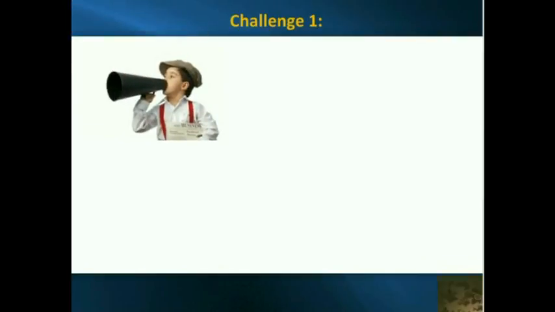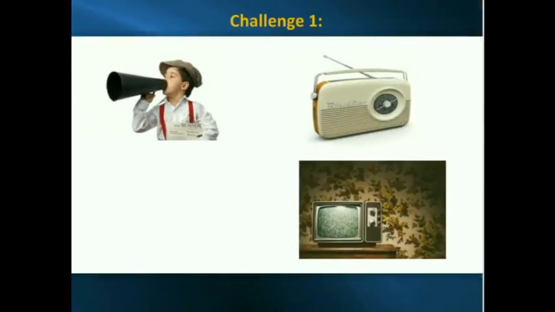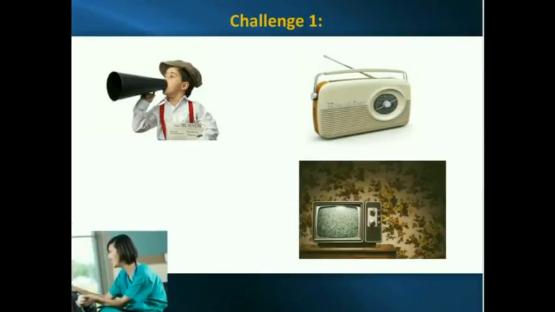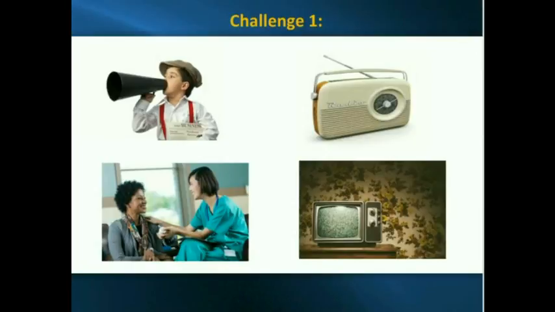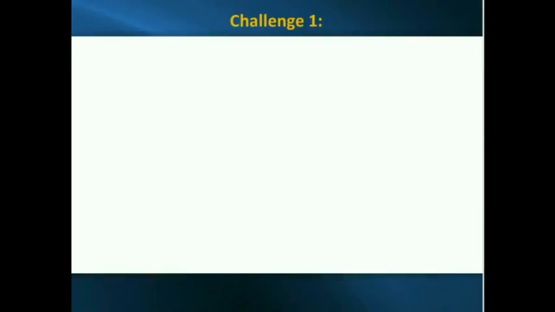In addition to generating data, people receive this information from a variety of platforms. At one time, we could have communicated risk through mass media such as newspapers or television or radio, or through interpersonal sources such as doctors or healthcare workers. But that is not necessarily the case anymore.